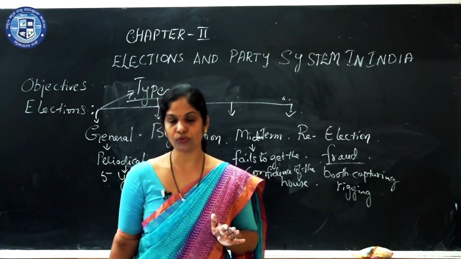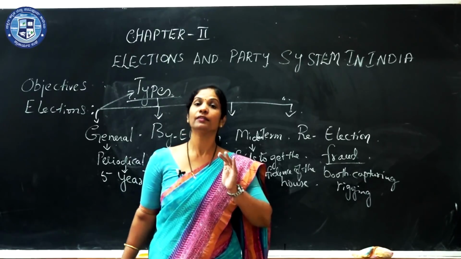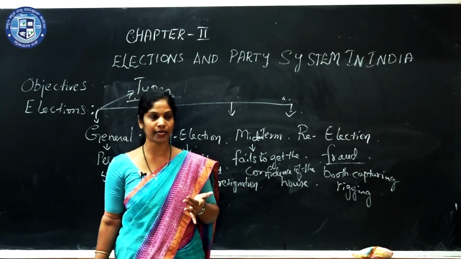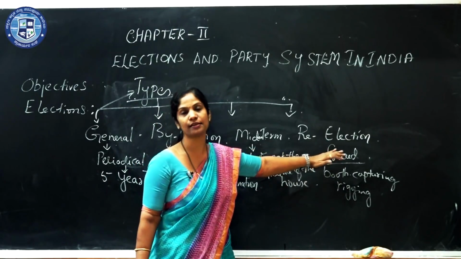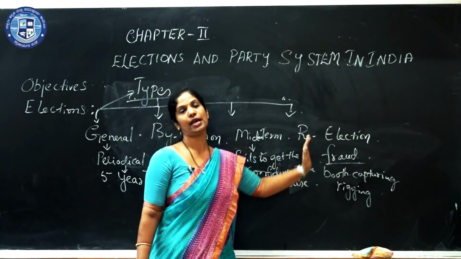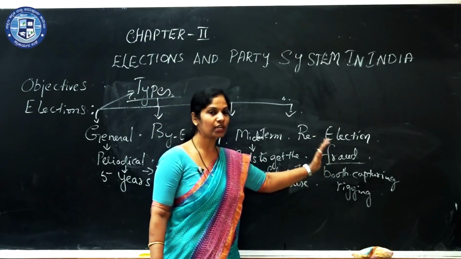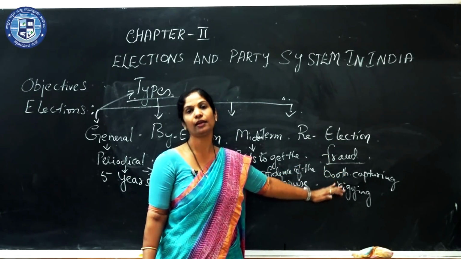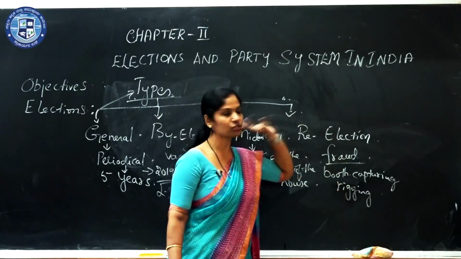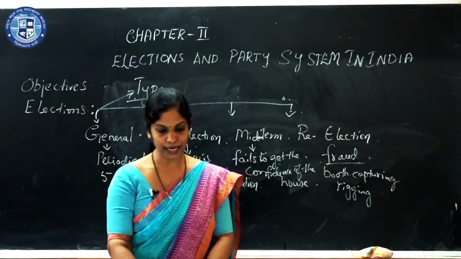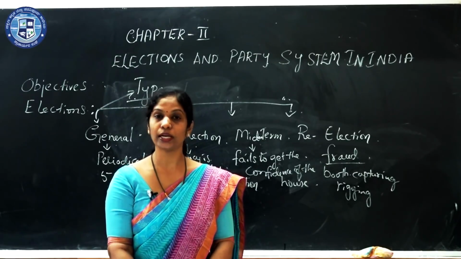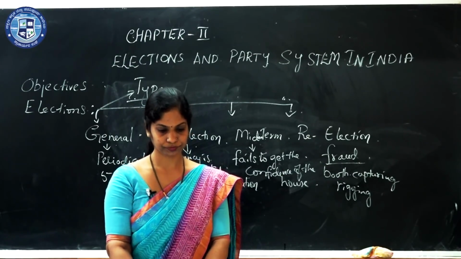Bribing of the voters, or threatening the voters or the candidates, may also cause the election to be cancelled in those polling booths, and during that time fresh elections are held once again. That election is known as the re-election. So these are the four types of elections which you need to understand.